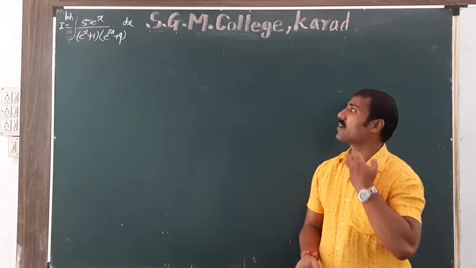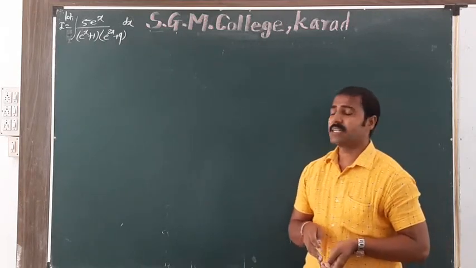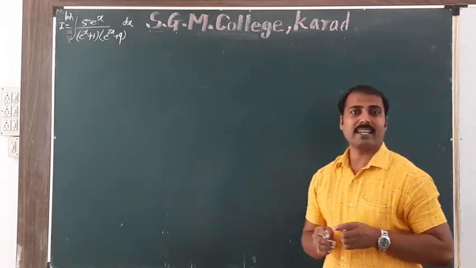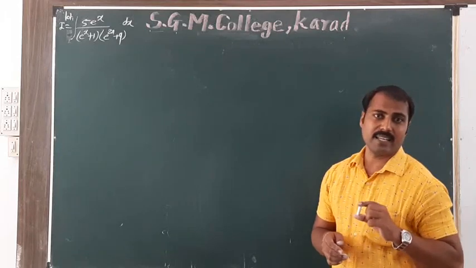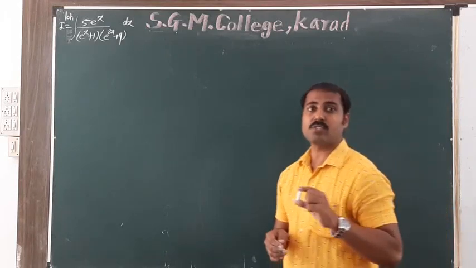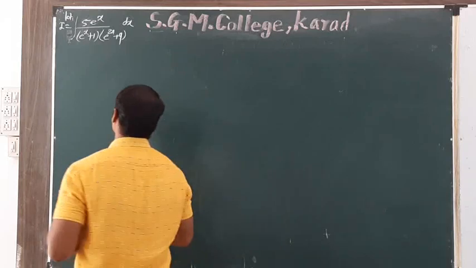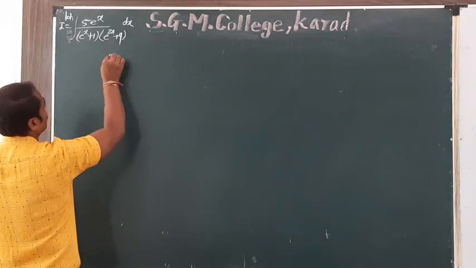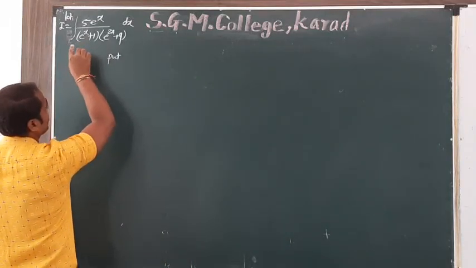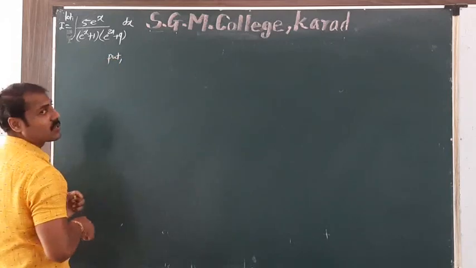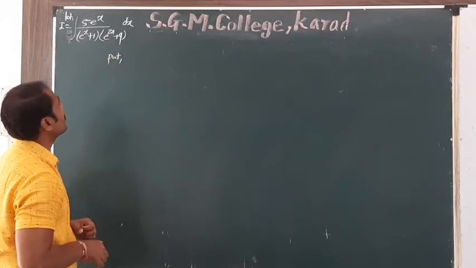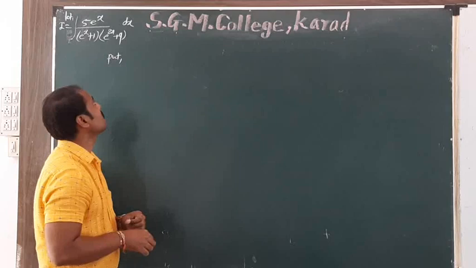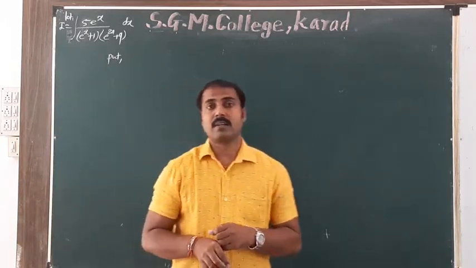Now look here, in this example it is clearly seen that the derivative of e raised to x is again e raised to x, so we substitute for the term e raised to x. First denote the given integration by I. So I is equal to the integration of 5 e raised to x divided by e raised to x plus 1 into e raised to 2x plus 9, dx.